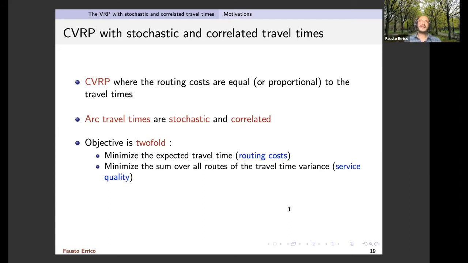The basic idea is that we're willing to pay a little more in terms of travel time if we can have routes whose durations are less spread around the average travel time.